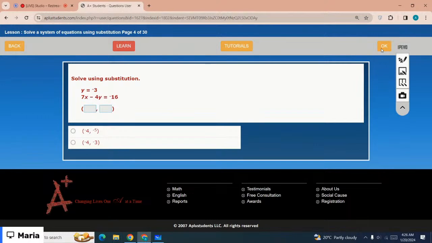Yes, the correct option is option number 1, right? Option number 2 is the correct option. Sorry. Negative 4, negative 3, option 2 is the correct option.